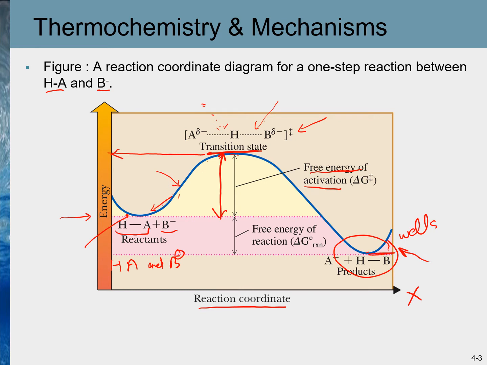After the activated state is achieved, new bonds will form, resulting in formation of products. Now products are at a lower energy level than the reactants, so hence there will be a net release in energy, and this extra amount of energy which will be released during this reaction is known as free energy of reaction.